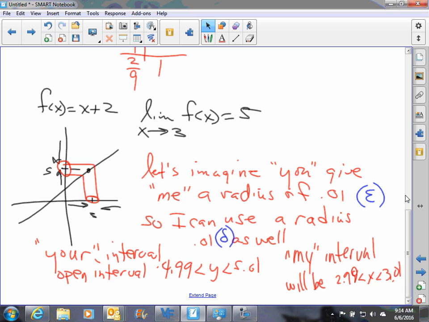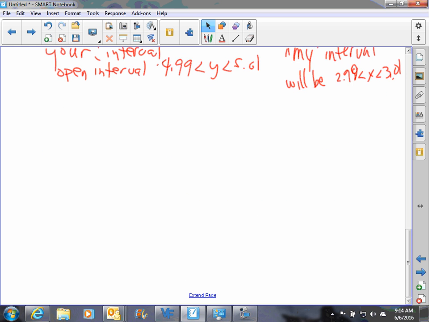Now, let's state this in a formal fashion. This is a definition that was proposed by Cauchy, who was a mathematician, to be a formal definition of limits. And it's really very elegant and beautiful, and it requires some meditation to really understand this definition.